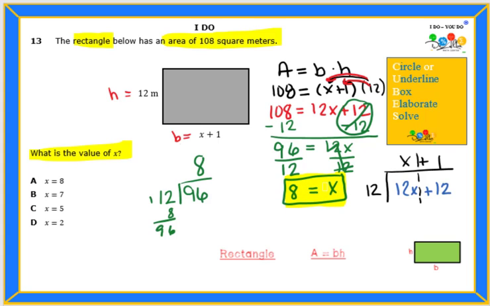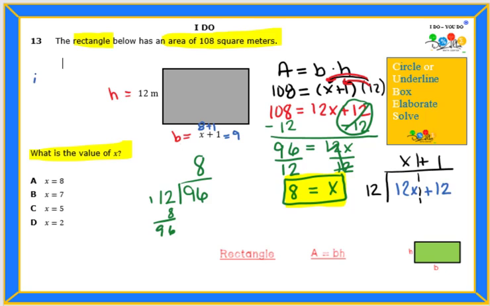However, I would like to check something. I would like to check if when I replace or substitute x in, do I get the correct area of 108? So x is 8. So now I can say the base is 8 plus 1, which would be 9.